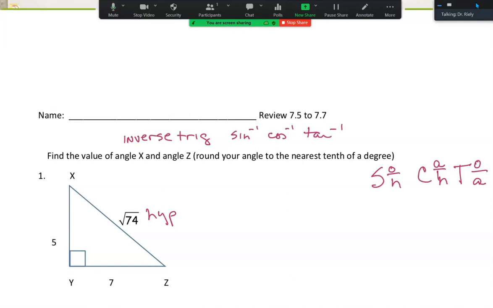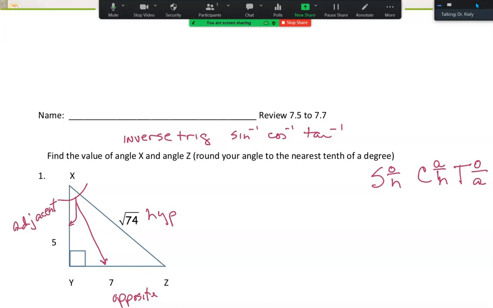Okay, so let's try to find angle X first. From angle X's view, I can see that this will be the opposite, and that this over here will be the adjacent. The adjacent is touching, but is not the hypotenuse.